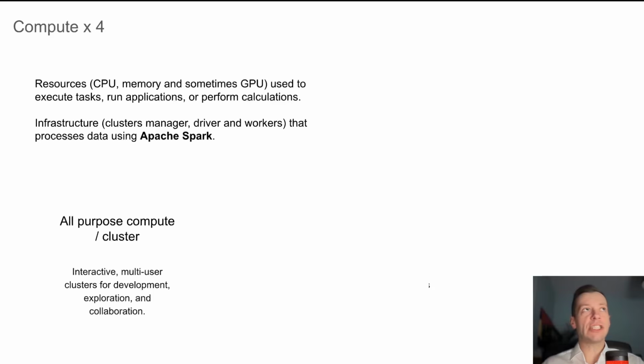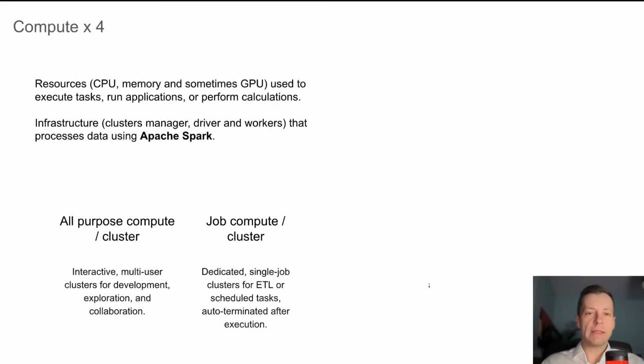First one is a generic compute where we can do everything, some exploratory work, we can schedule some jobs, whatever you want, you can do there, but it's expensive or more expensive than others. Then we will have job compute clusters, which are specialized to execute tasks scheduled by us. So whenever we are doing workflow orchestration, that's where we are choosing a job cluster.